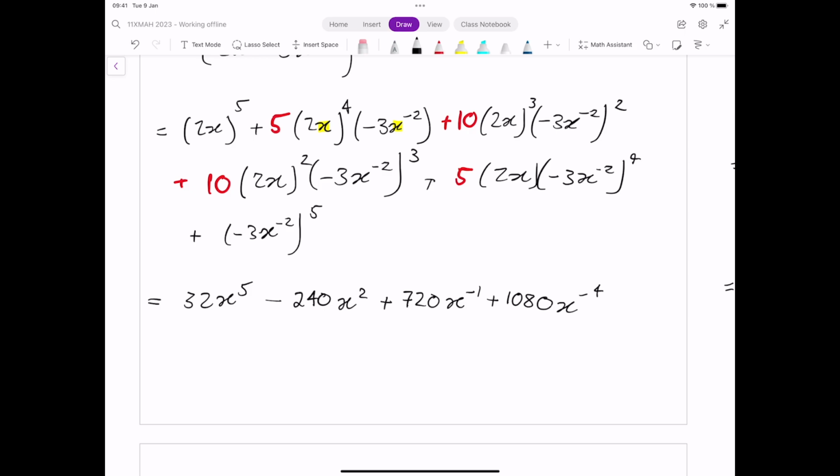And then plus, we've got 5 times 2 times by 3 to the power of 4 is 810. We've got 1x and then an x to the power of minus 8. Combining that, we get x to the minus 7. And plus our last, I think I've forgotten some minuses here actually.